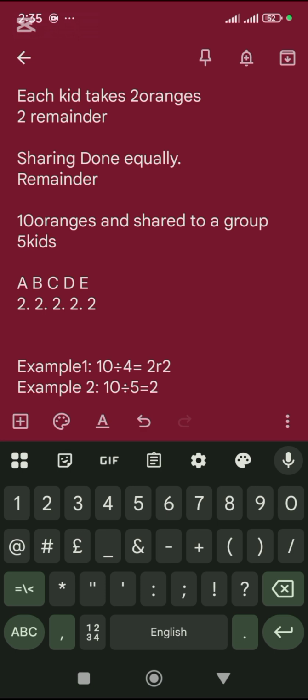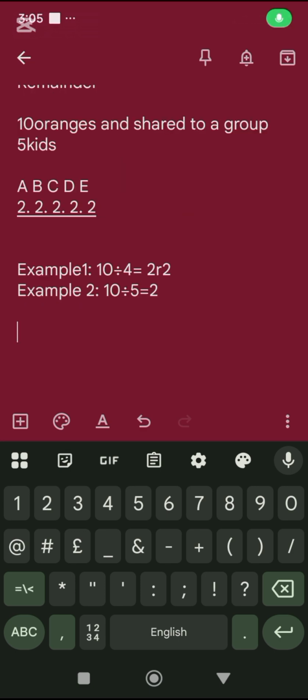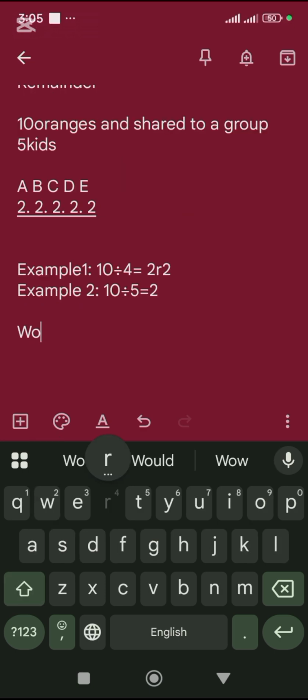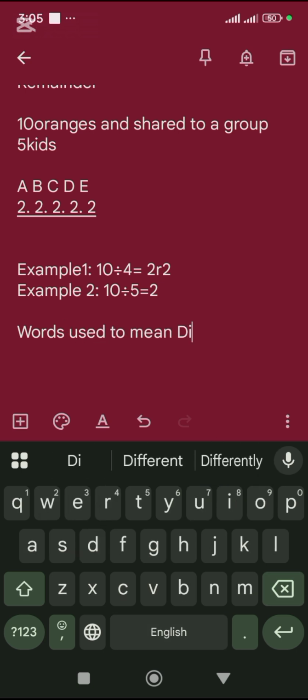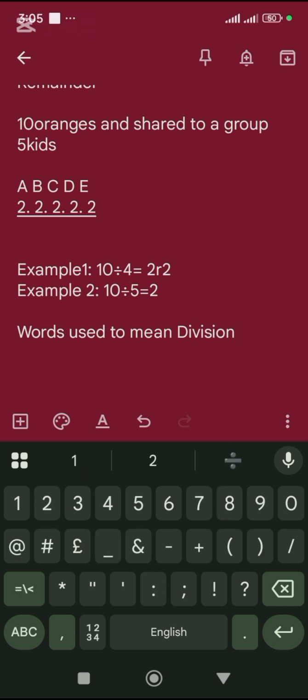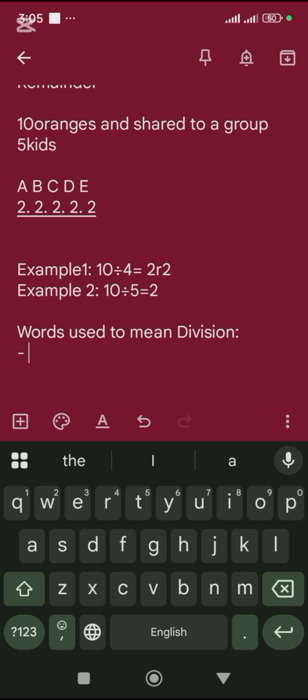But as we move along, certain things start getting complex. However, before we get to that, let's further explain certain words used to mean division. Number 1 is divide.